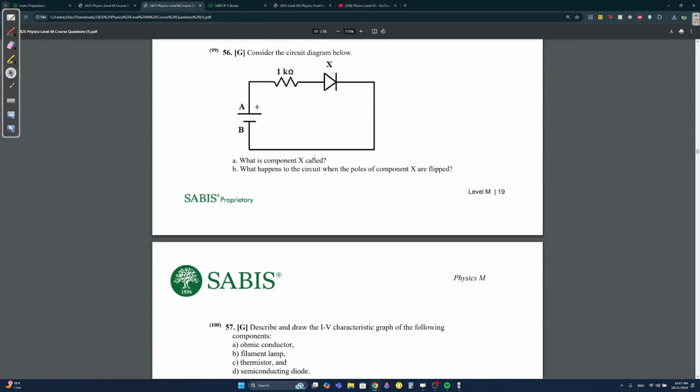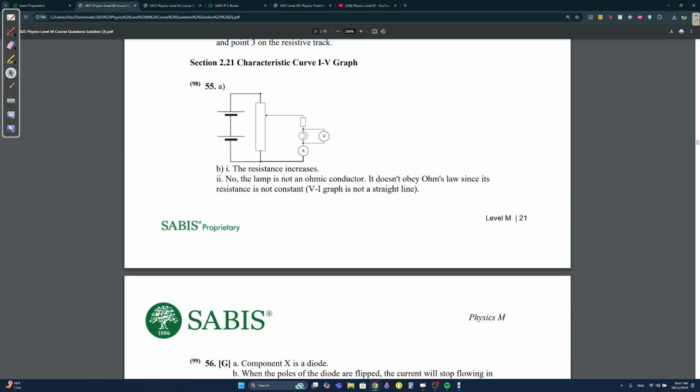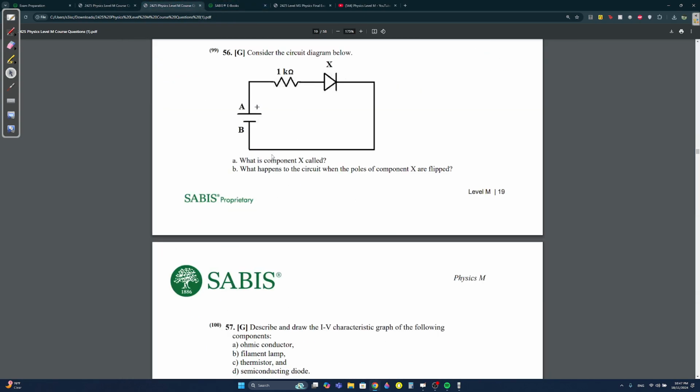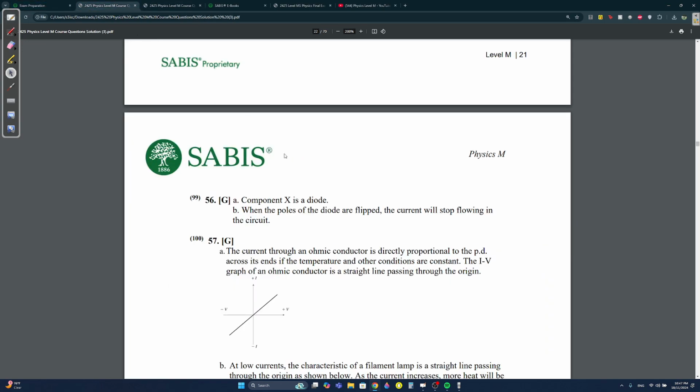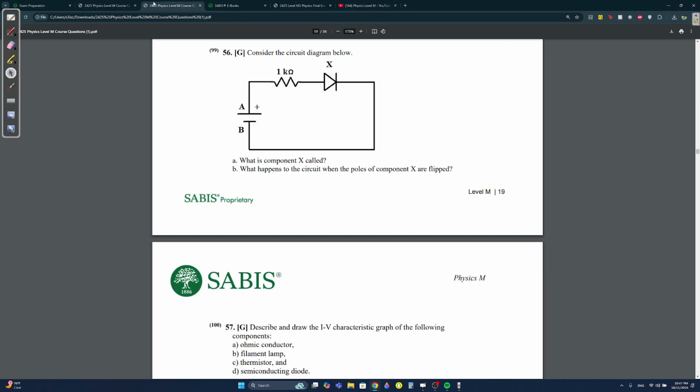What is component X called? It's called a diode, right? And what happens in the circuit when the poles of component X are flipped? Obviously, it becomes open. The current will stop flowing. Basically, it's one way. If you're pushing it like this, it takes the current over here and prevents the backflow.